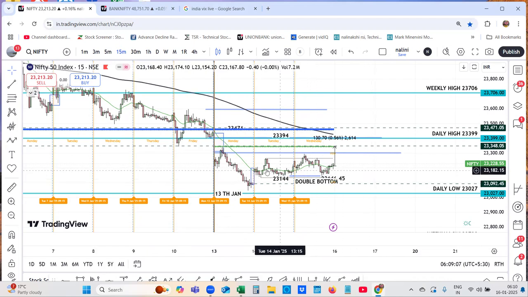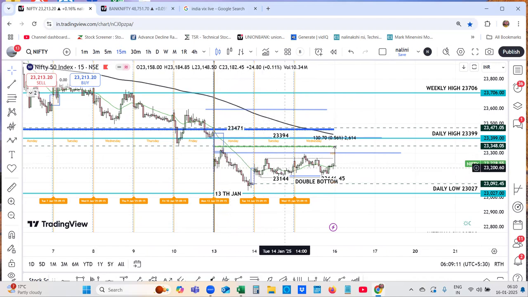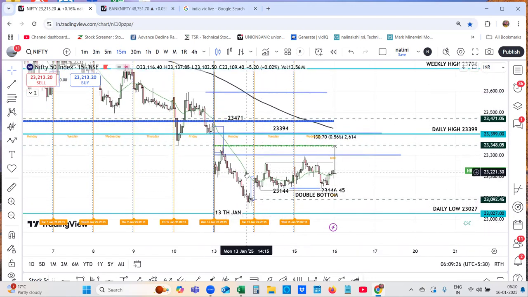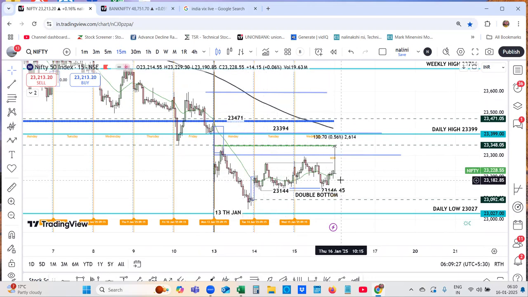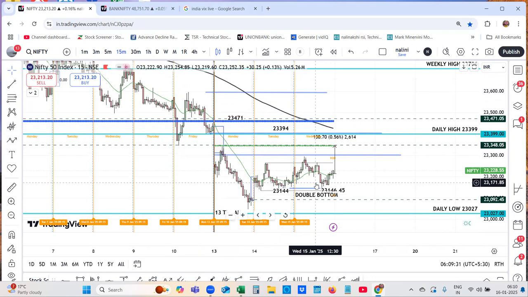You can see the price action on Monday. Monday it was a fall from the Friday's gap down level and it consolidated within this. It went sideways on Monday, Tuesday and Wednesday.